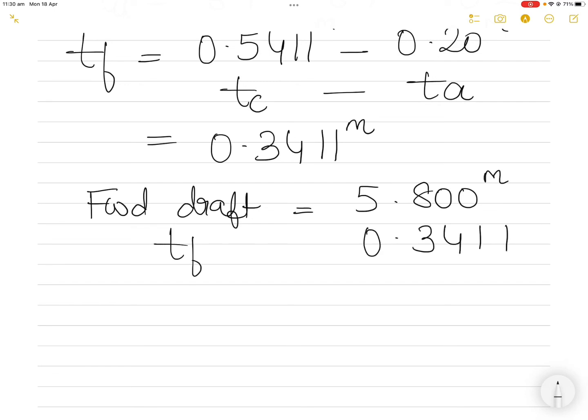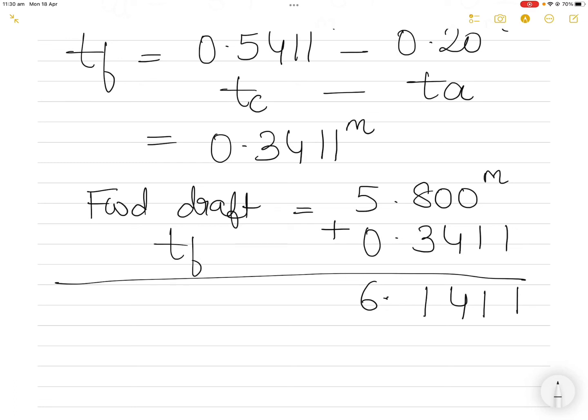Because you are loading the forepeak tank, the forward draft will increase by how much? 6.1411 meters. That is the answer. Sorry, let me just check. 5.8 plus 0.3411 is 6.1411. Yeah, that's right. So that is the final forward draft.